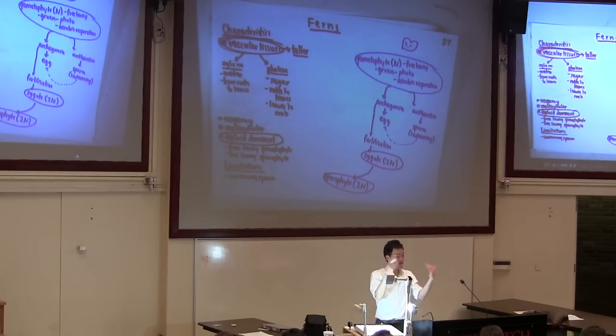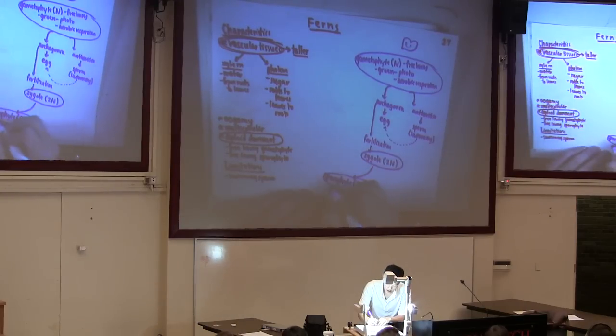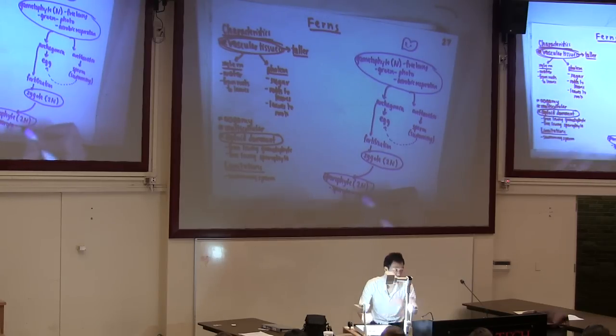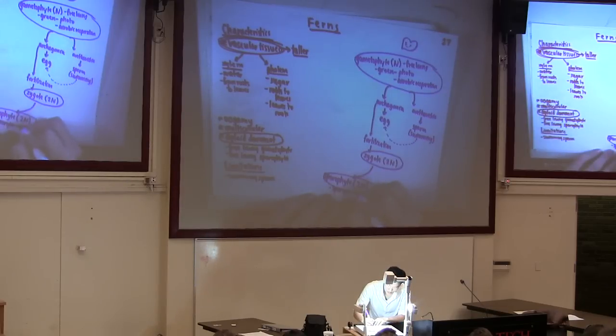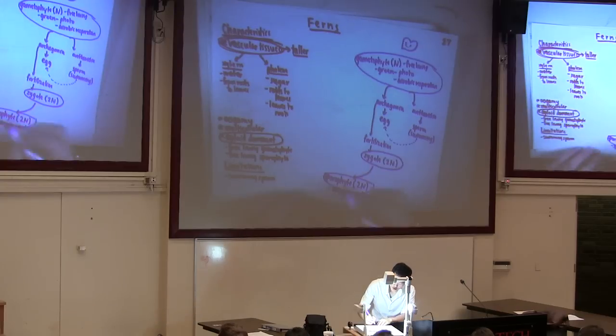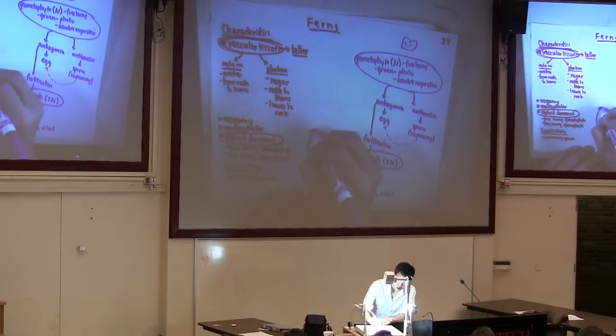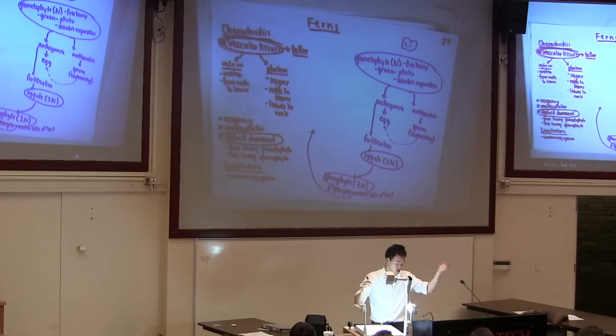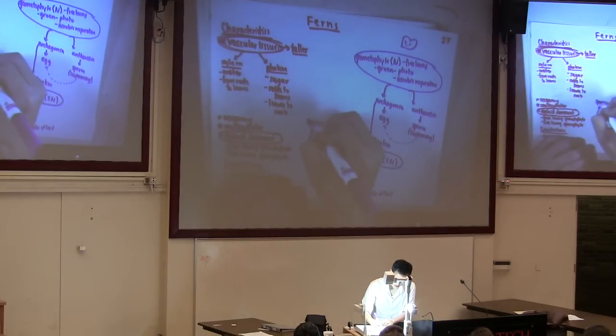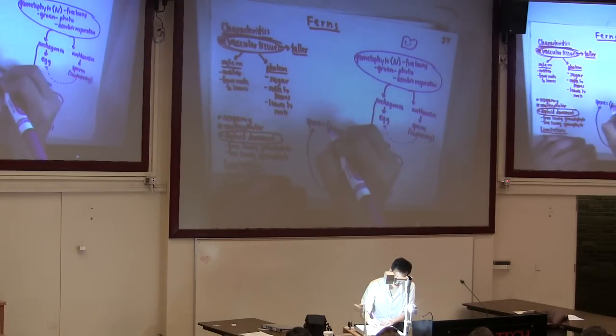And the sporophyte contains sporangium on the underside of the leaf, right? And that produces spores. The sporophyte always produces spores, which are haploid.